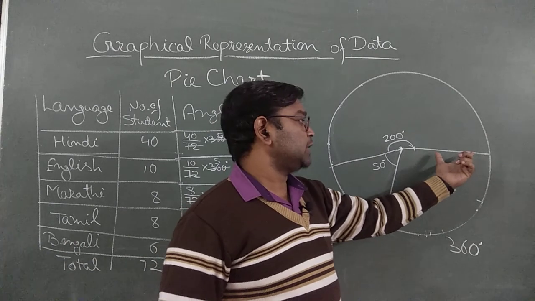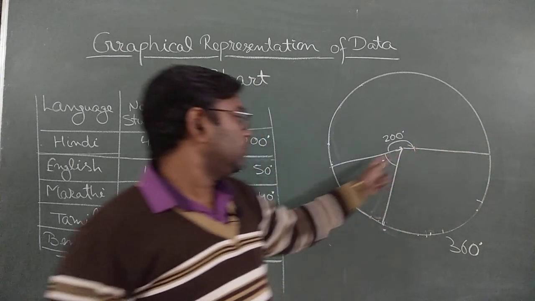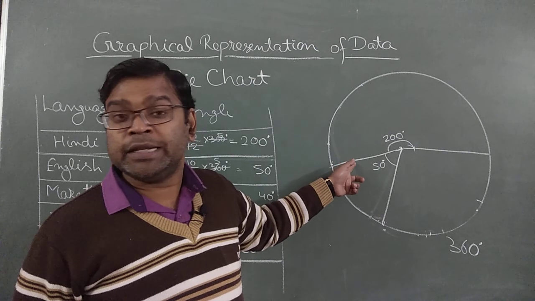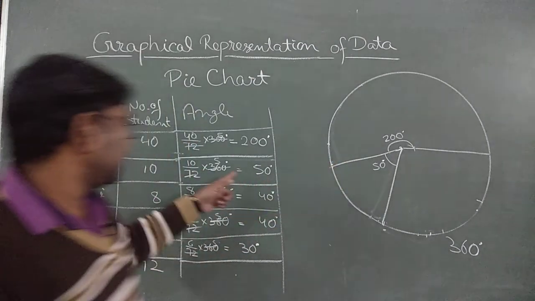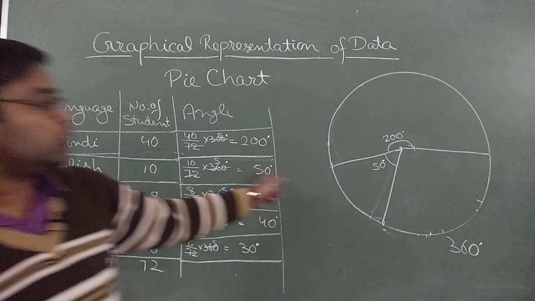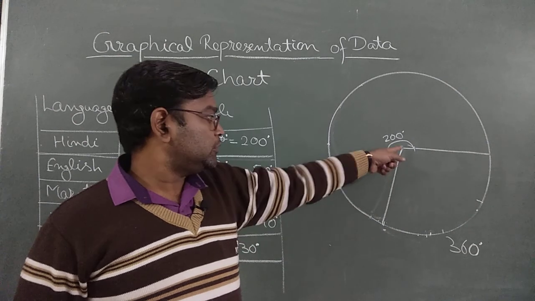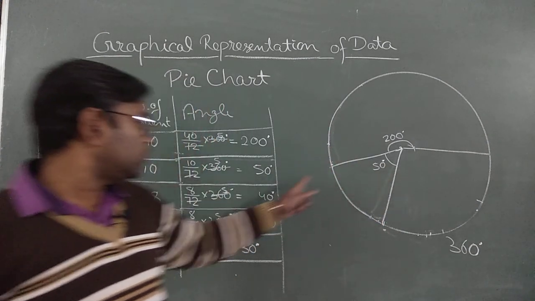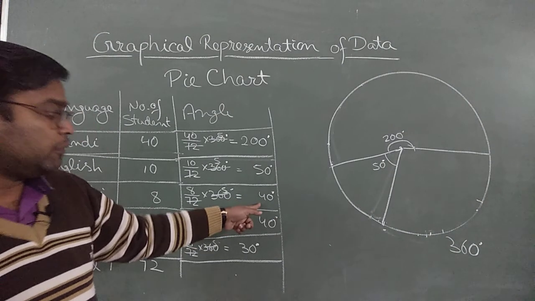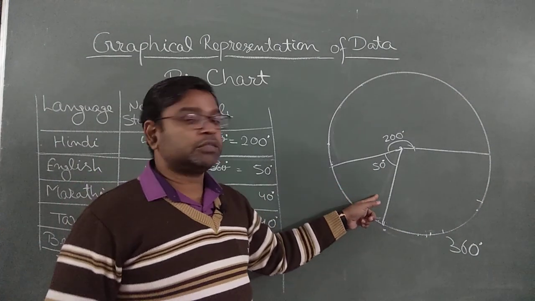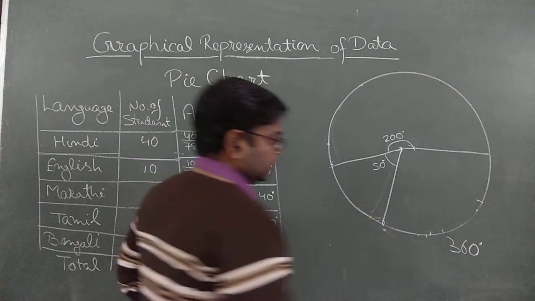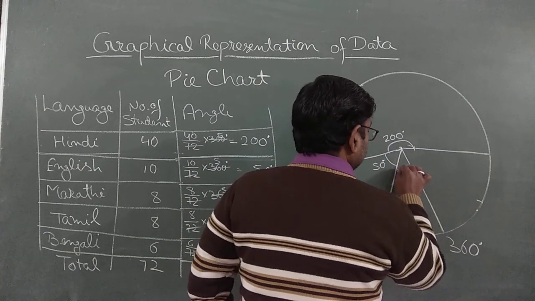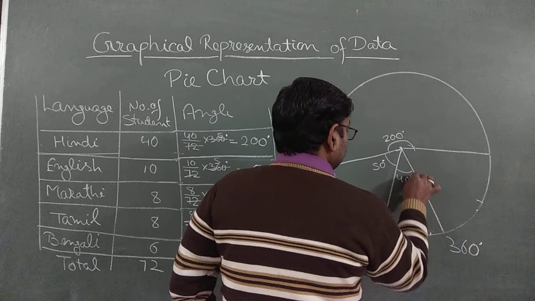Remember, the first radius acts as the initial arm, then the final arm of the first angle must be the initial arm of the second angle. The second angle must be 50 degrees, so we draw the measurement of 50 degrees. This is your final arm for the 50 degree angle. Now the next one is 40 degrees. For 40 degrees, this final arm must be the initial arm, and this is the measurement of 40 degrees for the first 40 degree angle.